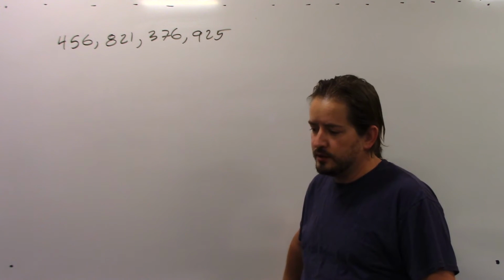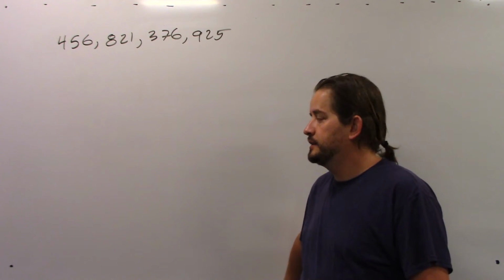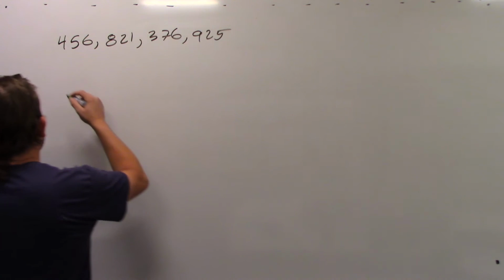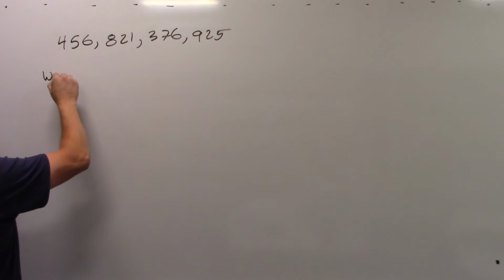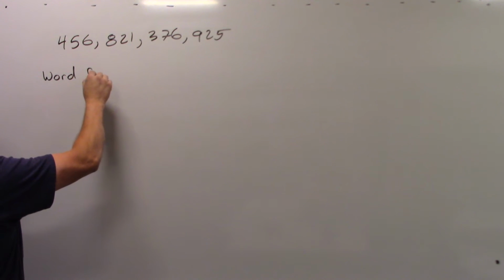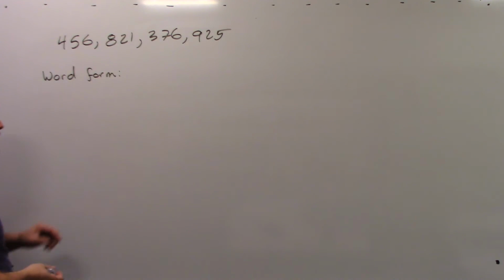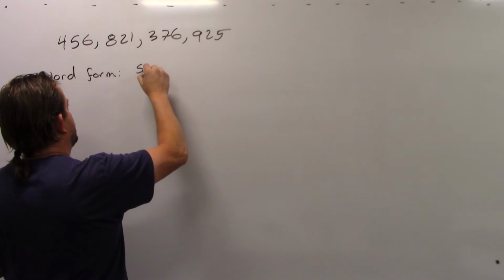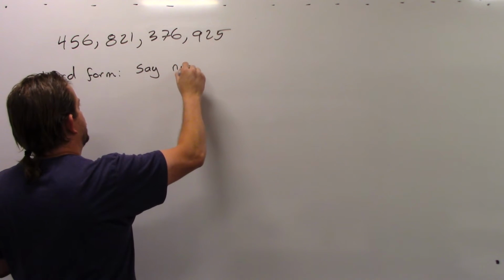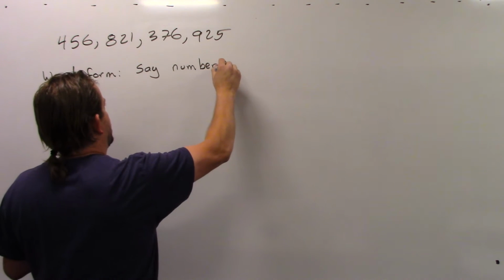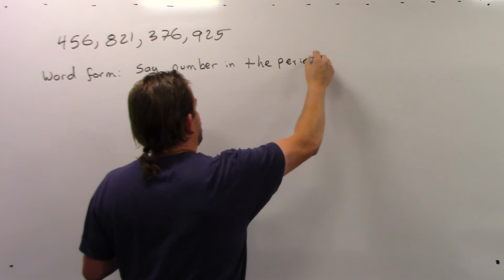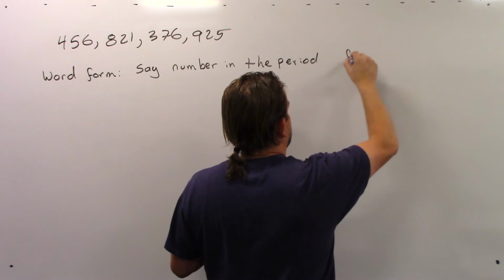So when we speak, typically we would convert this number into word form, and the word form of a number is you're going to say the number in the period, followed by the name of that period.